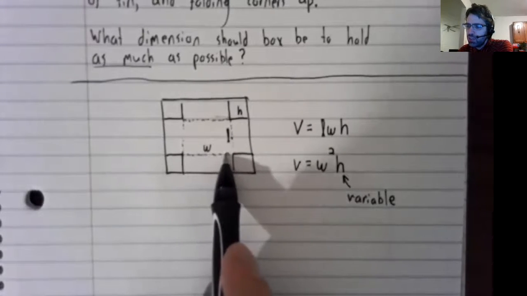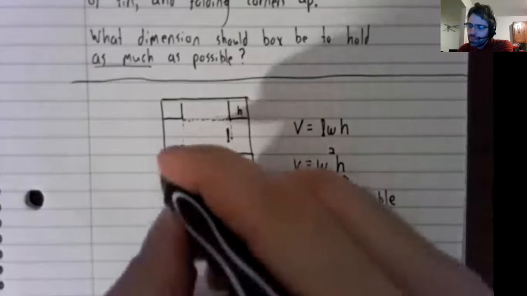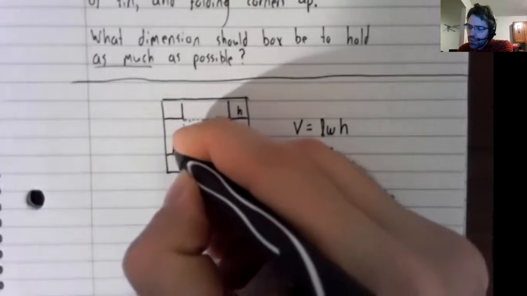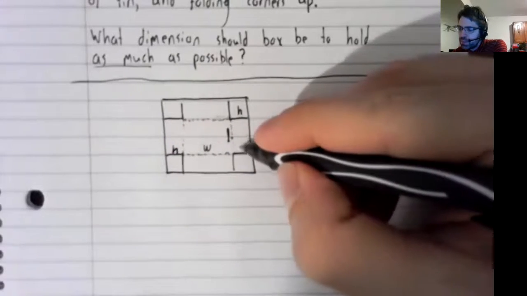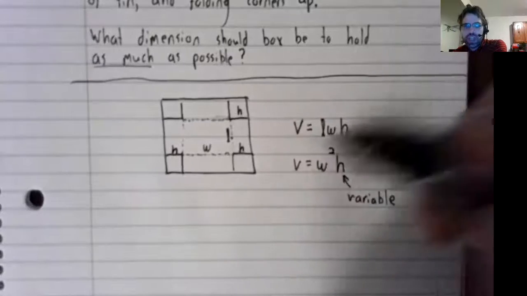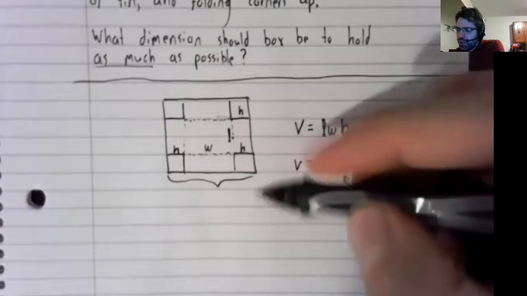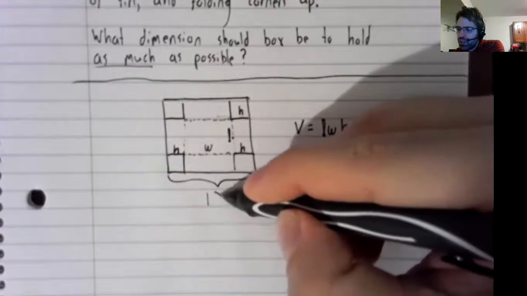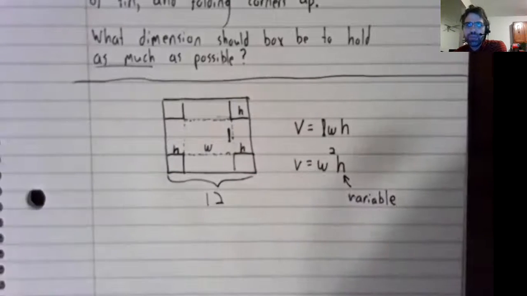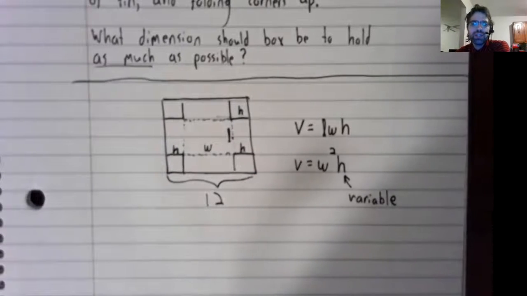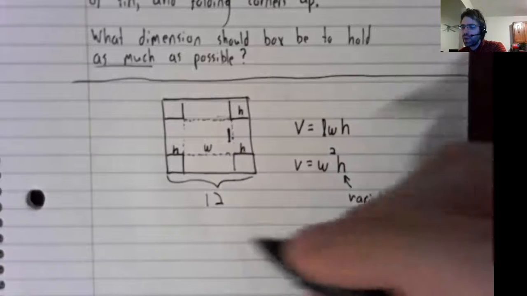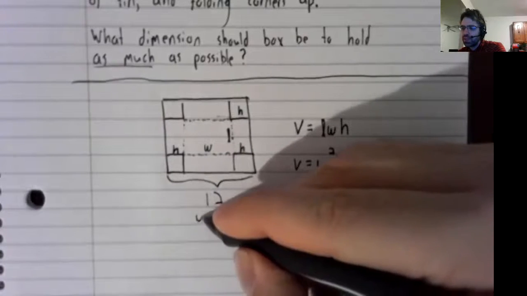Now here's W, here's H, here's H, and a piece of information we haven't used yet, that the length of that side is 12.